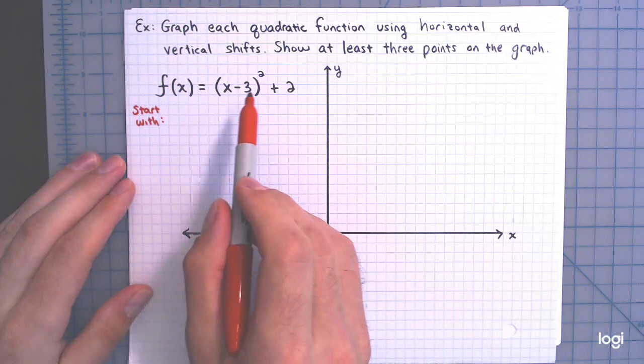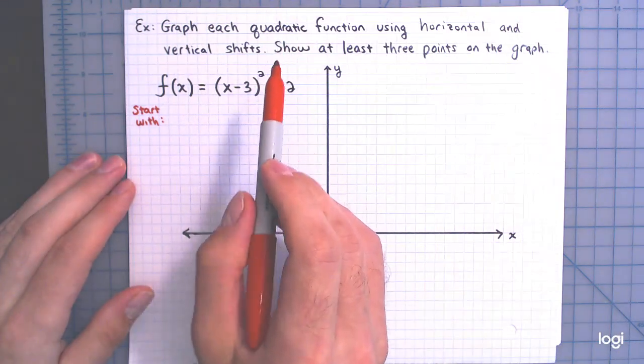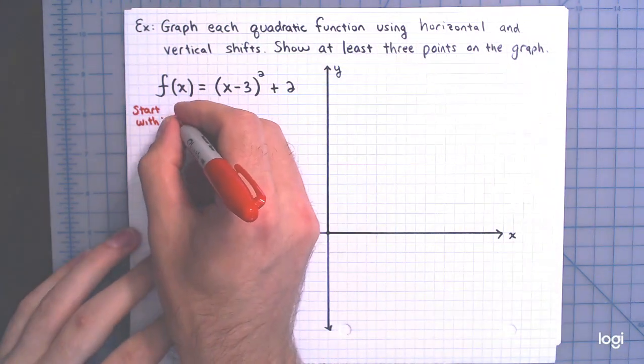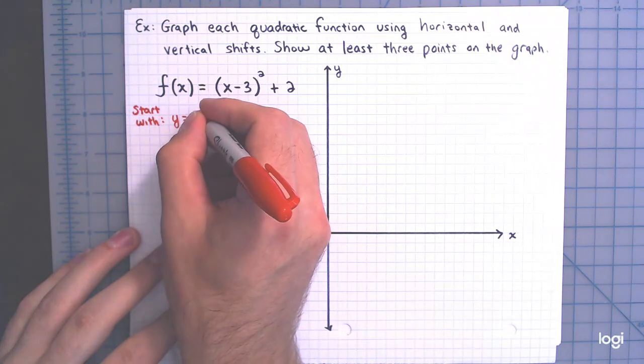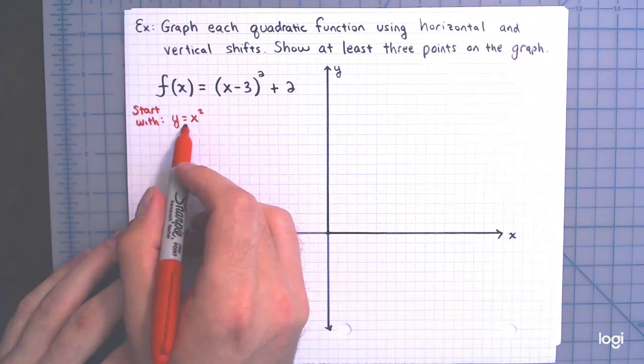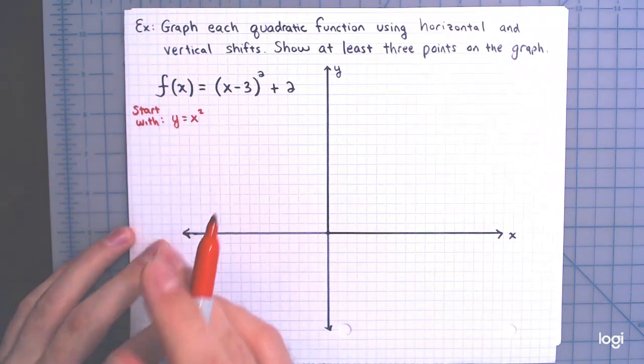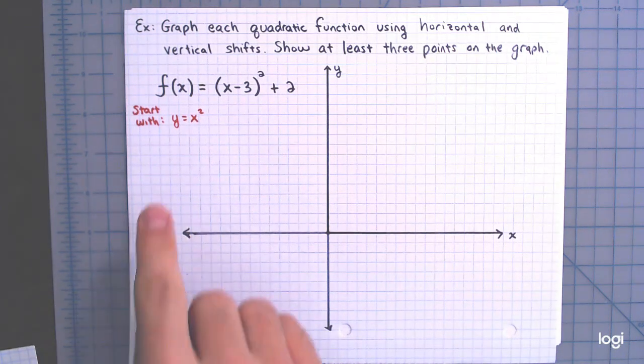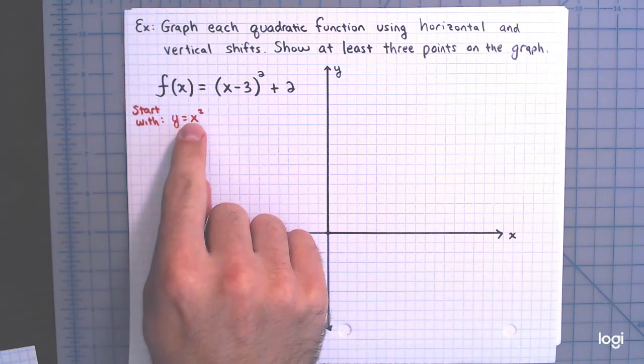This is a quadratic function. So I'm going to start with the most basic quadratic function there is, and that's y equals x squared. That is the most basic quadratic function, and the graph of it will be a parabola. So I'm going to start with that rule.